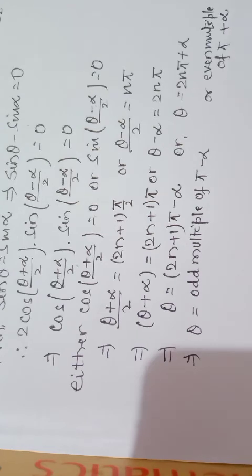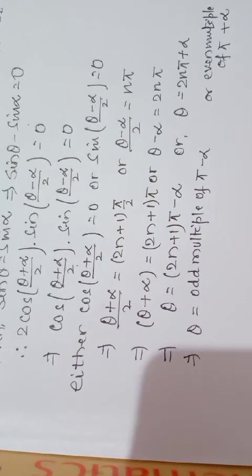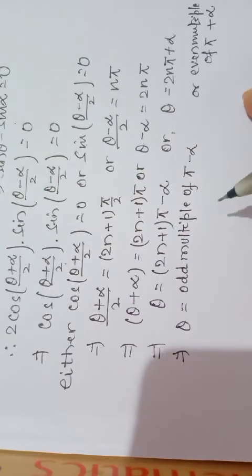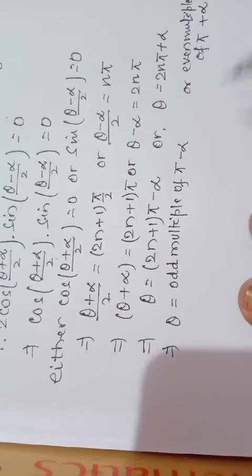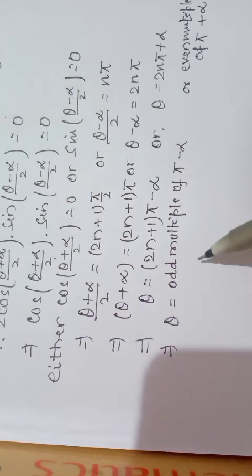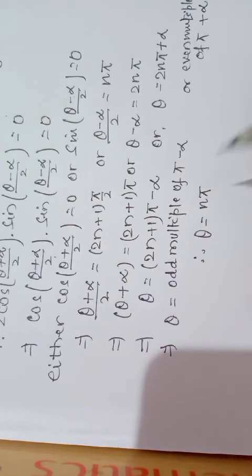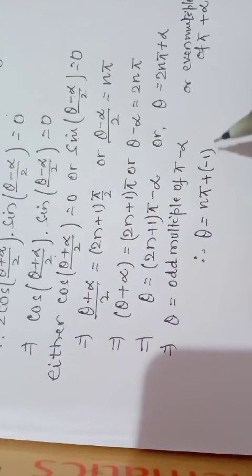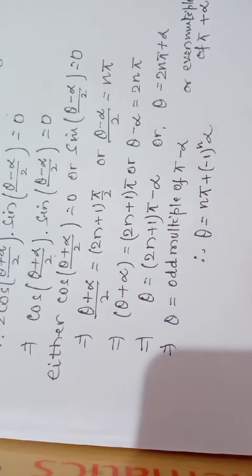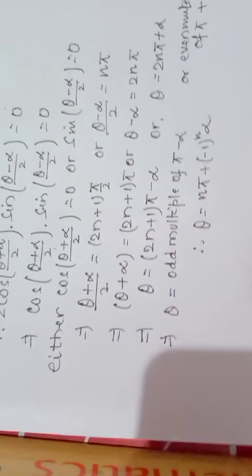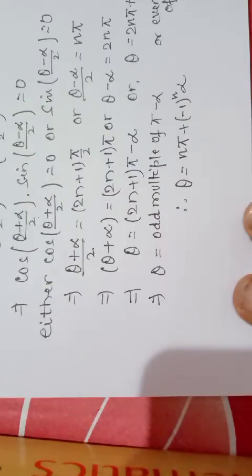So on combining them we will get theta is equal to n pi, because odd and even both are here, so combined we get theta is equal to n pi. Also plus and minus come alternately, so plus minus 1 to the power n alpha. So this is an important article, which later we will use as a formula.